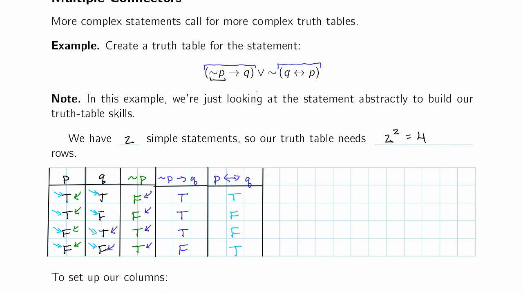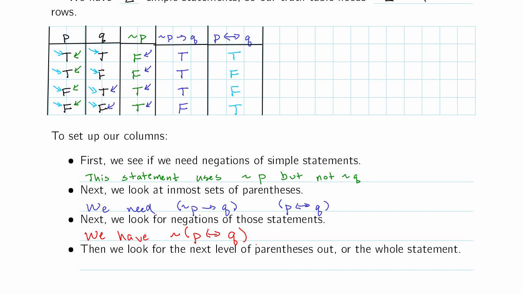So we've already symbolized not P. We don't have a not P. We've already symbolized not P then Q. We don't have a not attached to that. We've already symbolized P if and only if Q. That has a not attached to it. So that's going to be our next column, not P if and only if Q.